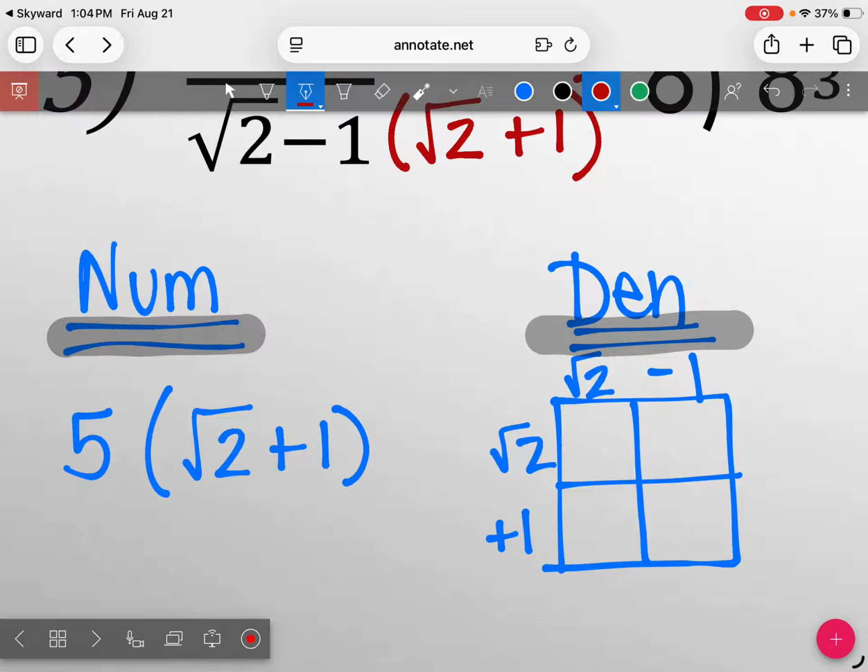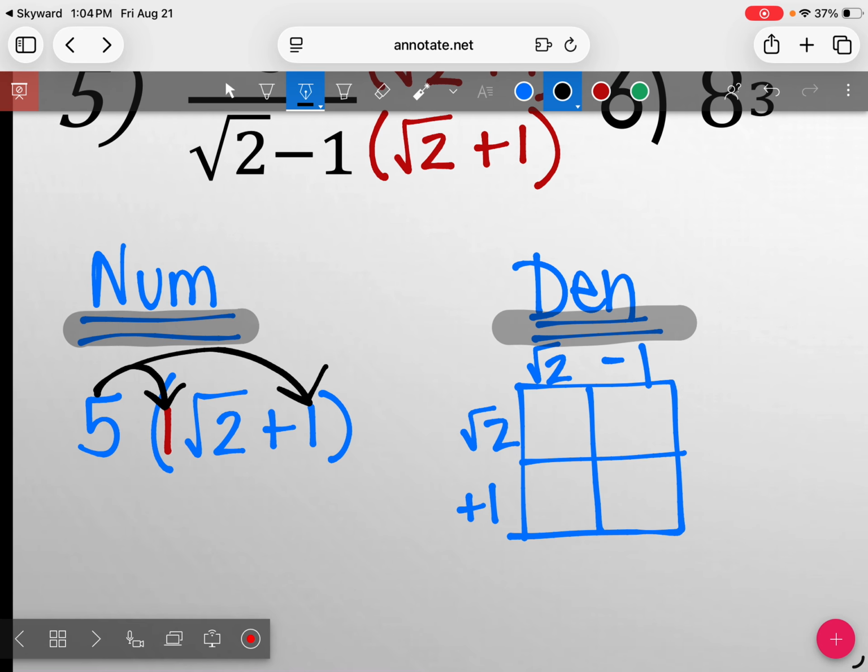So there's an invisible 1 right here. I'm taking the 5 times the 1 and the 5 times the 1. So my numerator is simply going to be 5 root 2 plus 5. That's the numerator.